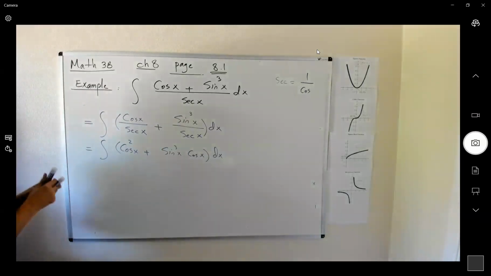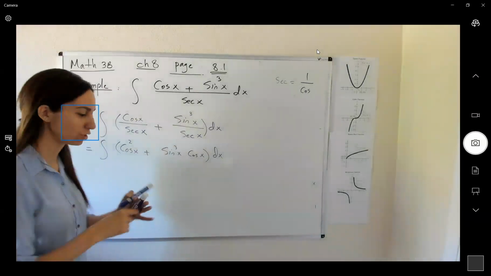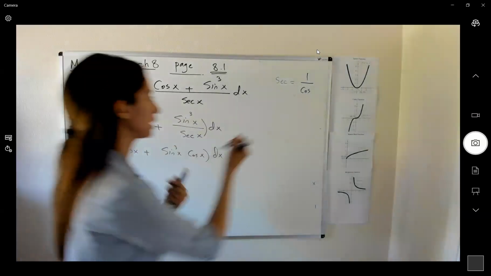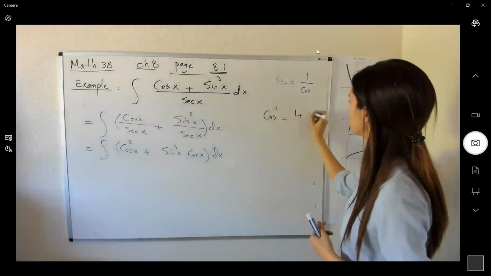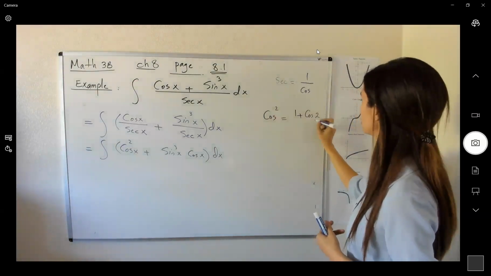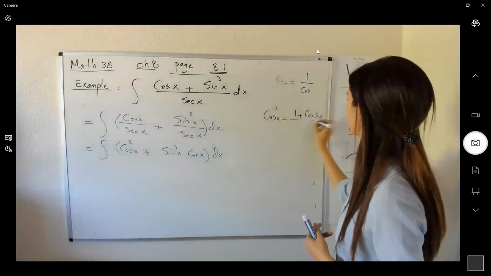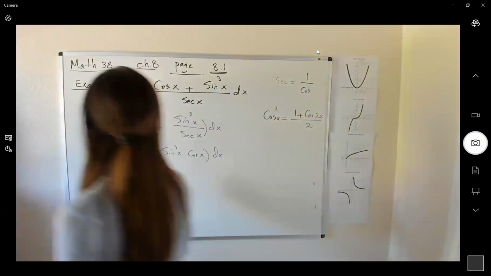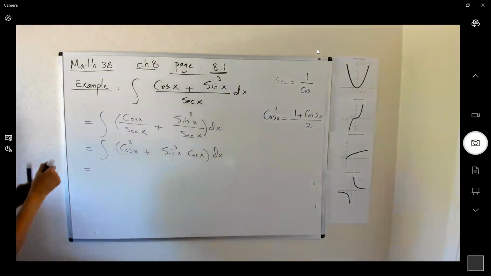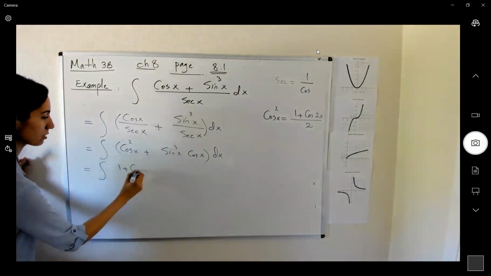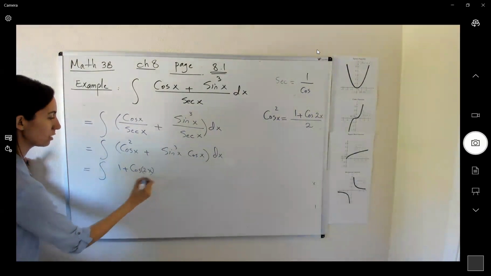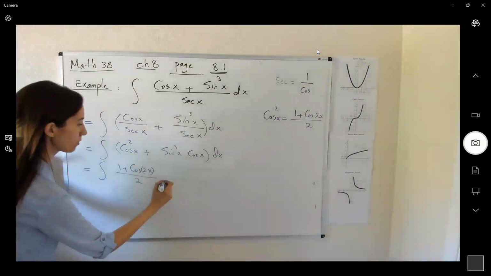For this one, you have to go back to pre-calculus. Cosine squared is equal to 1 plus cosine 2x divided by 2. So this guy is equal to the integral of 1 plus cosine 2x divided by 2.